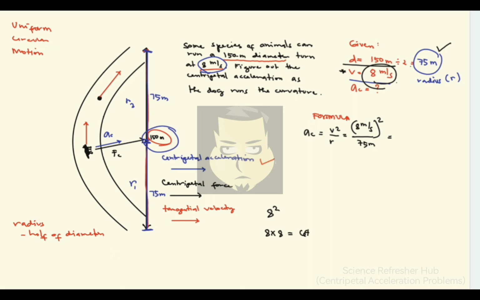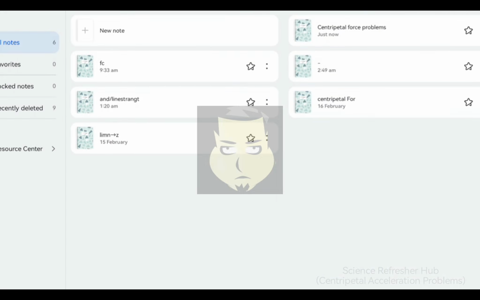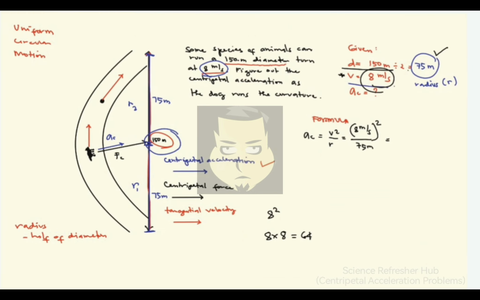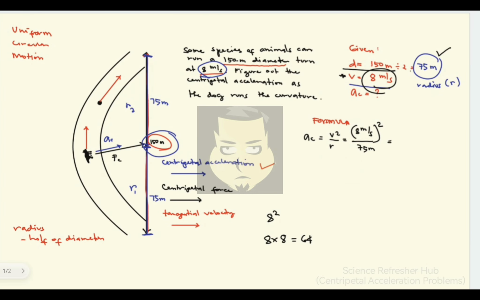Do not do it this way: if you encounter 8 squared and write 8 times 2 and 16, that will be very wrong. When we say 8 squared, we need to multiply 8 by itself, so you will have 64.